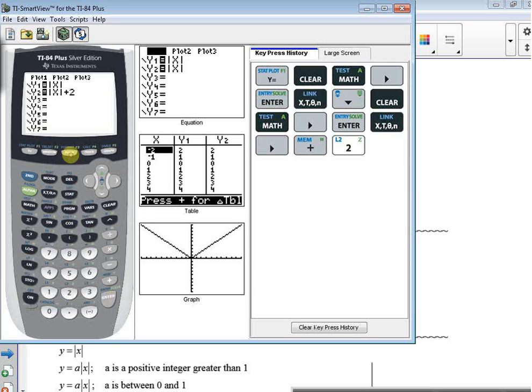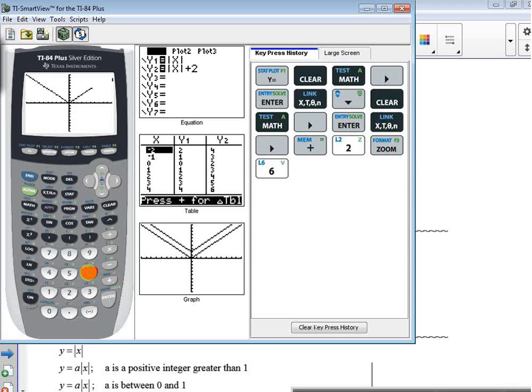And I'm going to go to zoom 6, or hopefully you have a standard window.